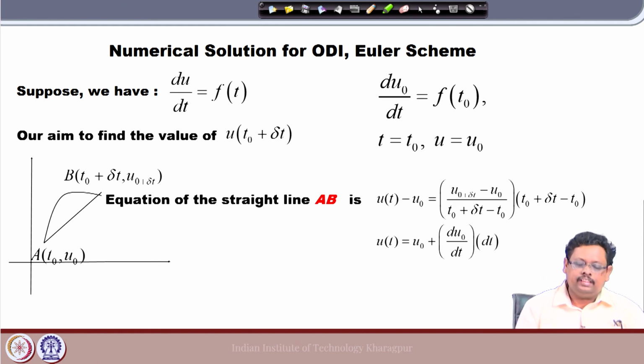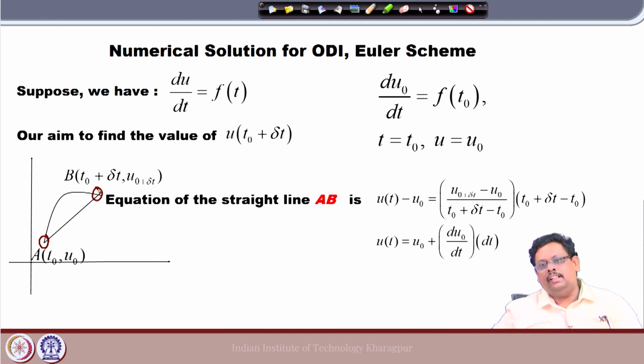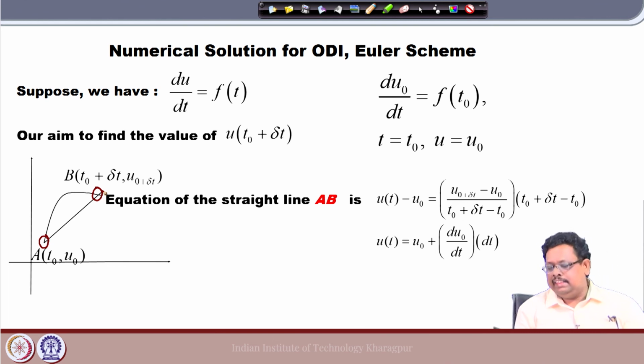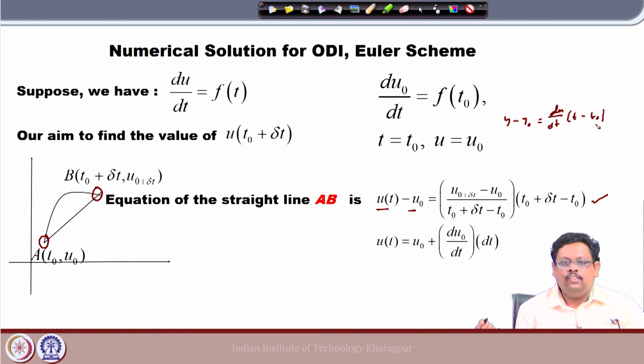What we are doing here, as everybody knows, is a straight line approximation. From this graph, at t0 it is here, and at t0 plus delta t it is here, and we just join these with a straight line. The equation of a straight line is y minus y0 equal to slope times t minus t0.